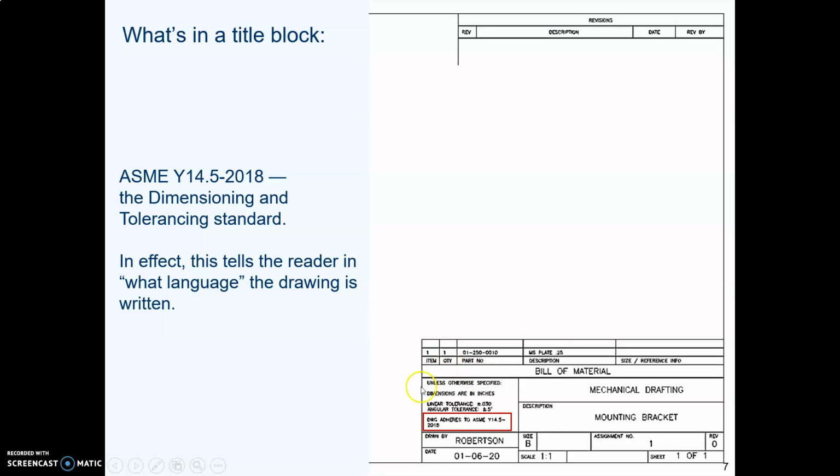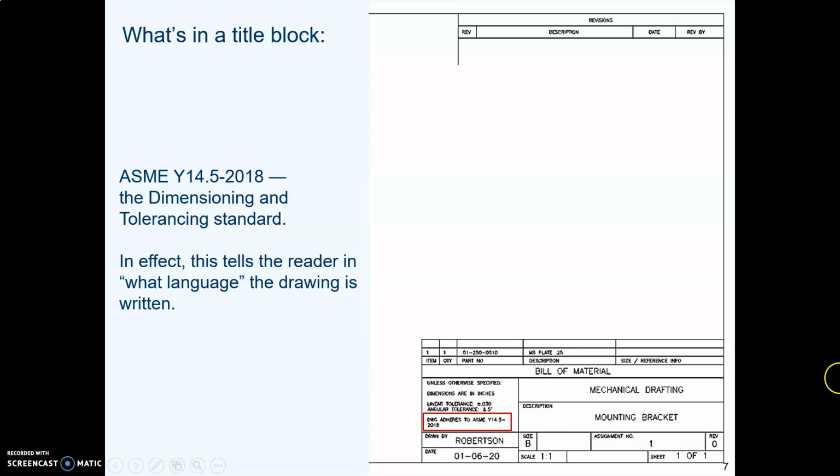Company title blocks will have someplace on their title block information like we have here on our office standard, and part of that is what drawing standard are you following? And I have written here this drawing adheres to ASME Y14.5-2018, which is the most current version of the ASME dimensioning standard.